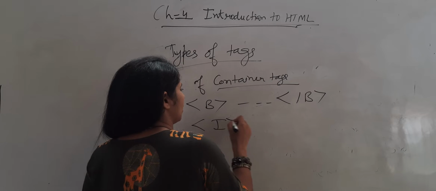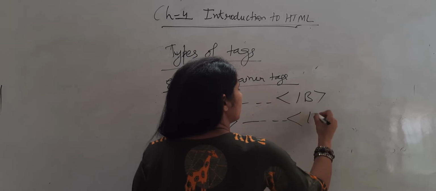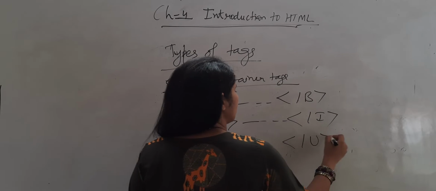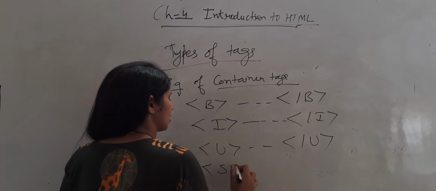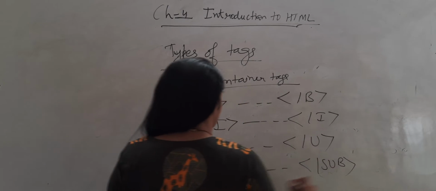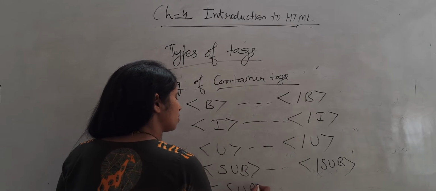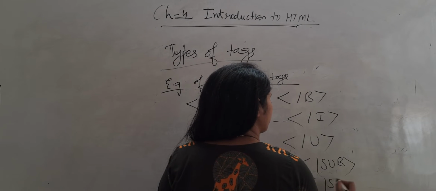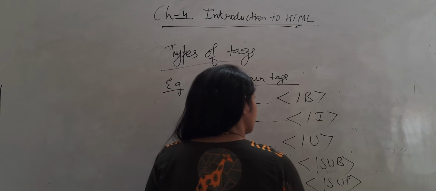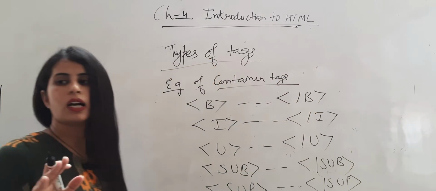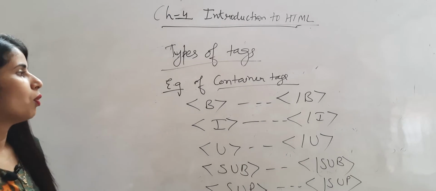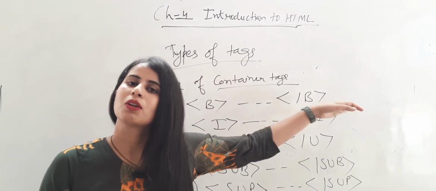Bold, italic, underline, subscript, superscript, SUP, paragraph. Okay, so these are the few tags that require both open tag and closed tag.